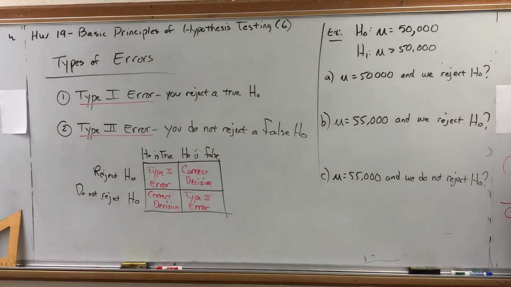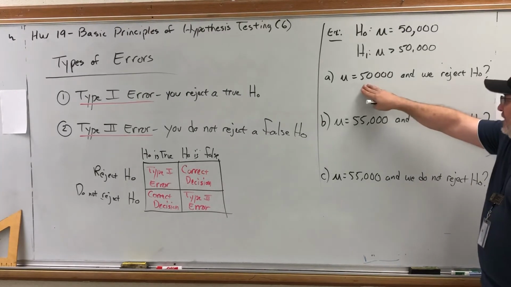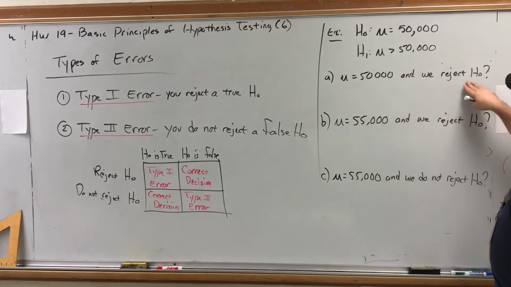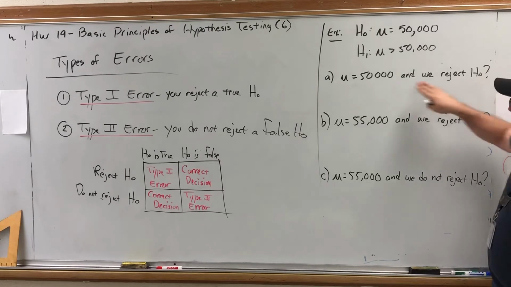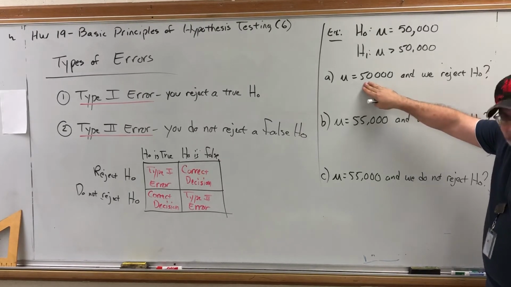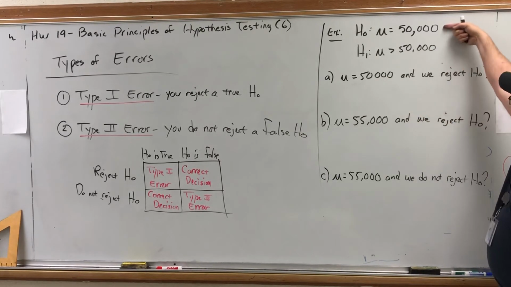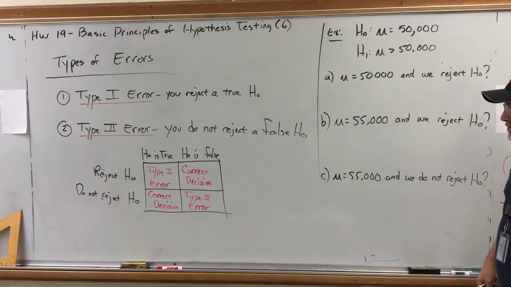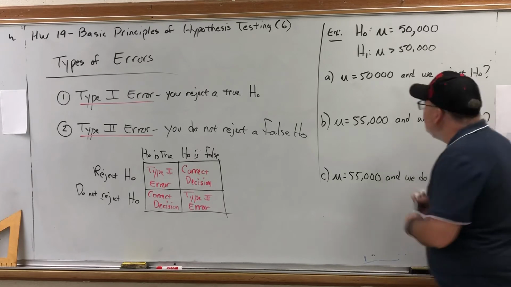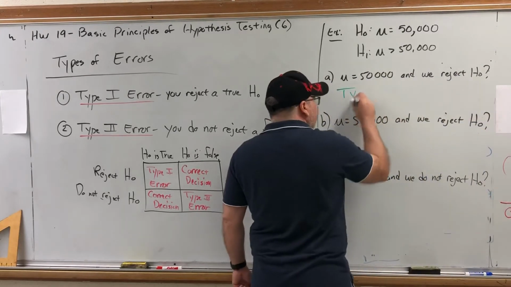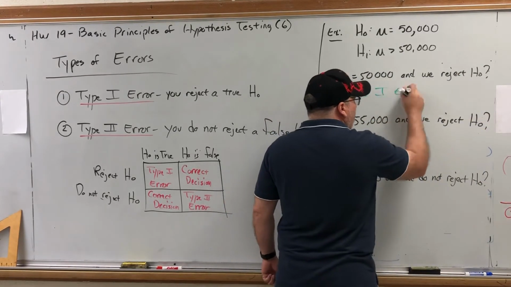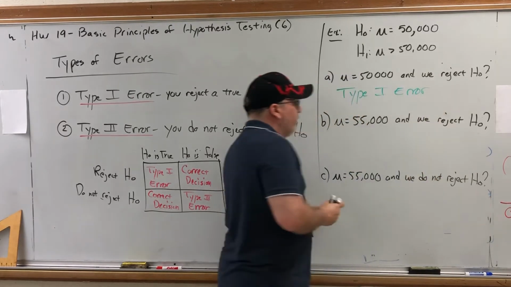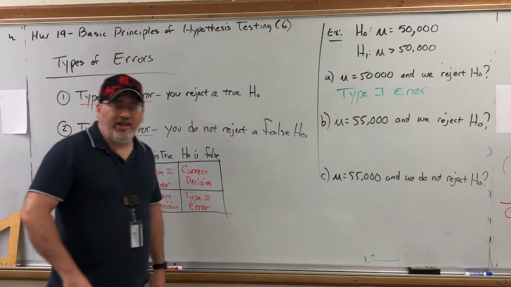So let's take a look at part A. The mean is 50,000, and we reject the null. Well, if the mean is 50,000, if it really is, that means that this is true. But if we reject a true null hypothesis, that's a type 1 error. It was 50,000, but we rejected the claim that it was 50,000.